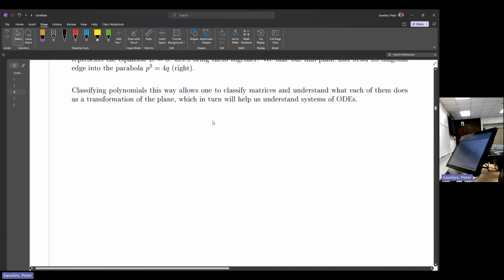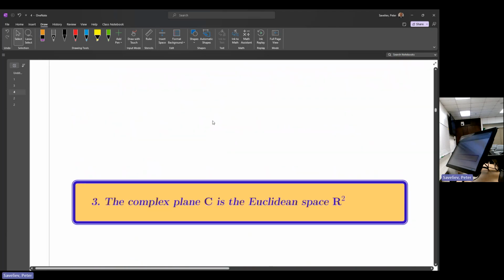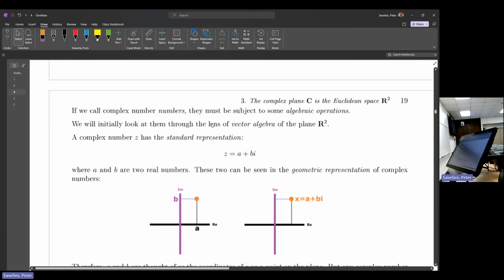Okay, skipping. The complex plane is the Euclidean space. I already talked about that, so this is pretty much done. As far as the addition of complex numbers, it is the same as the addition of vectors. That's the easy part.